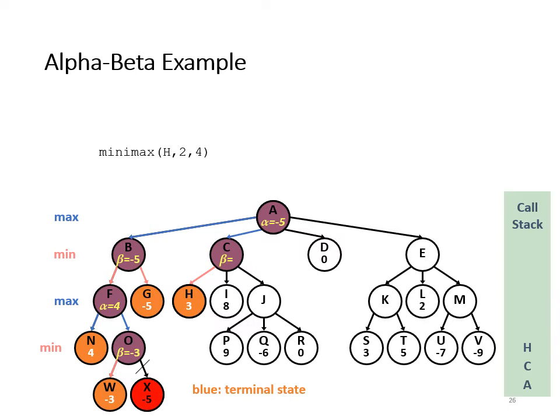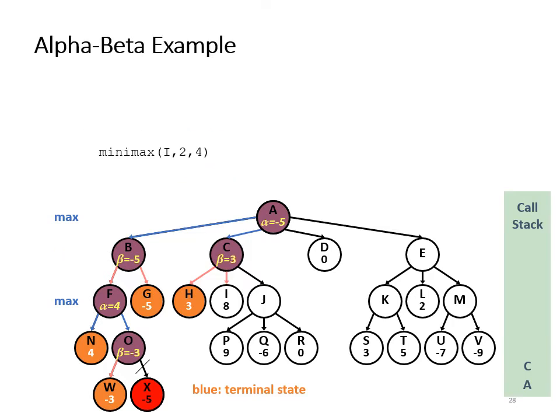So this value of H will be assigned to beta first. C at level 1 is returned 3. C will get value 3, and this value is the minimum seen so far.